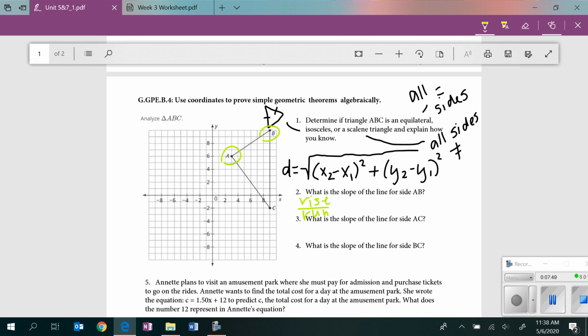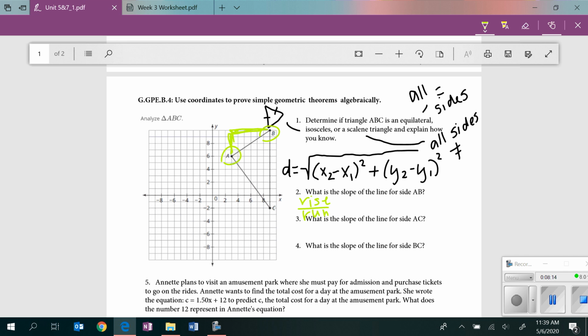Meaning in order to get from A to B, I need to rise up a certain amount and then run a certain amount. And the directions do matter. So upwards is a positive direction, and to the right is also a positive direction, just as you would see on your XY plane.